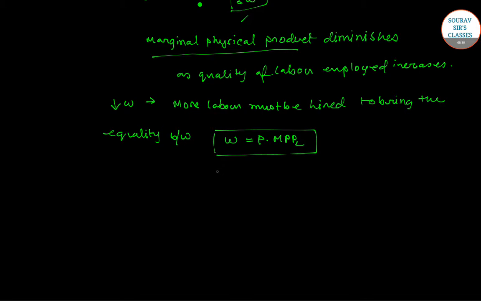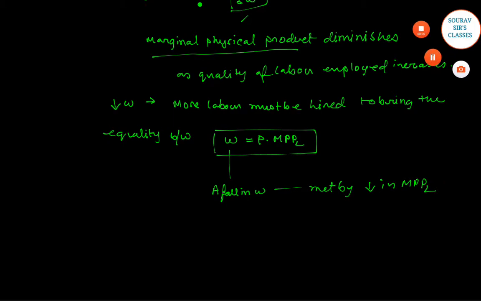Now a fall in W must be matched by a fall in MPPL to meet the equilibrium level, with P remaining fixed.